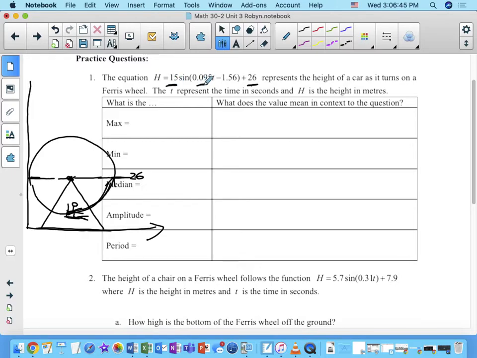Okay, so the 26 is where's the middle point where I could be at any time? Okay, what does the 15 tell me? It's the amplitude of the graph. Where would the 15 show up in this picture? If this is the middle, and I go up to here, how would the 15 be significant?